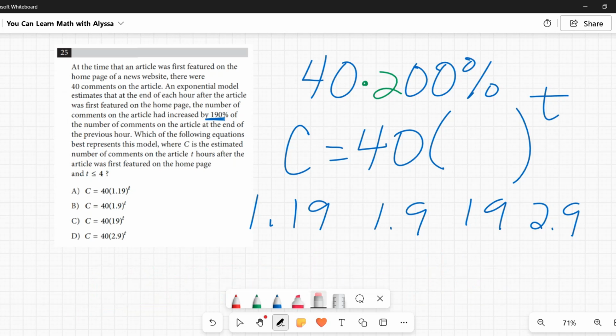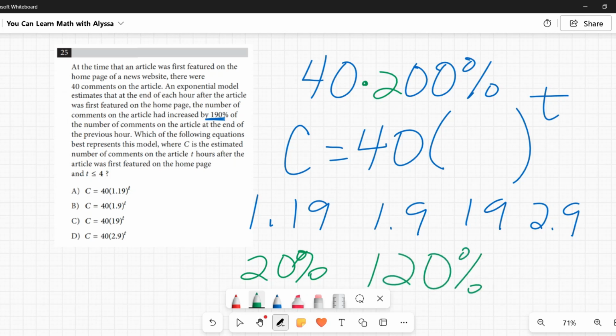If this were less than 100, like say a 20% increase, I'd be multiplying by 120% because I need the new number to be that original number of comments plus the additional 20. So that's the 100 and the 20. So in this case, it is not multiplying by 190%.